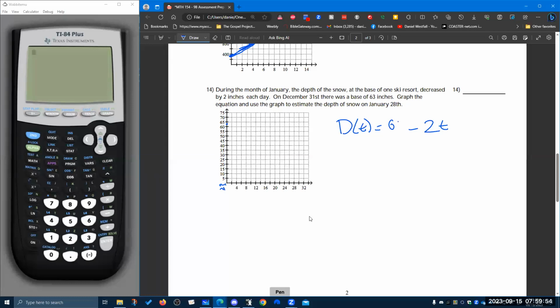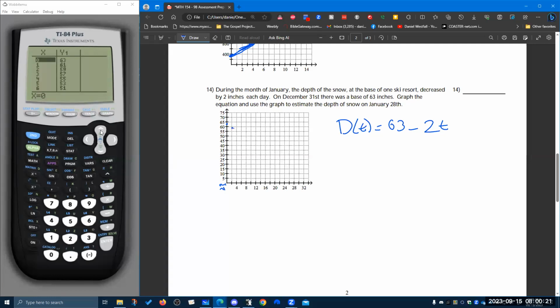So let's model 63 minus 2t. And we've got on day 2, it's 59.